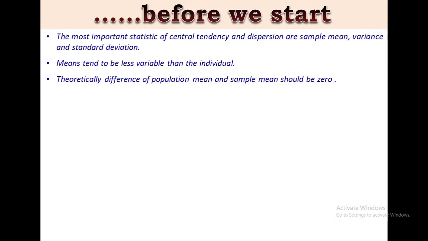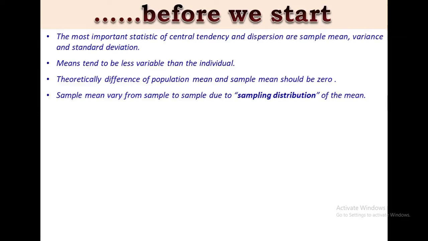Therefore, theoretically, the mean of the population should be equal to the mean of a sample, or the difference of population mean and sample mean should be 0. But in almost all cases, this difference is never 0. Sample means vary from sample to sample, and this variation is known as the sampling distribution of the mean.